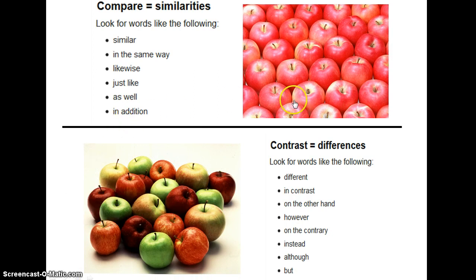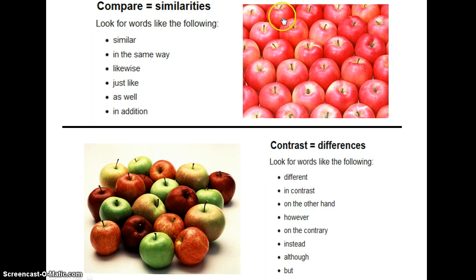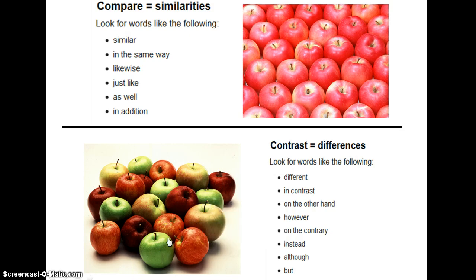Okay, so looking at these two pictures, we know they're two pictures of apples, and all of these apples are similar, but all of these apples do have many differences. Whereas we have many red apples, in contrast, this picture also throws in some green apples and even some apples that look like they might have a little golden or yellow on them.